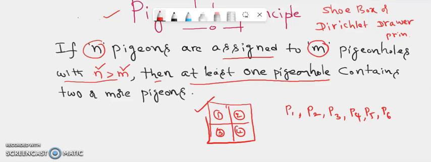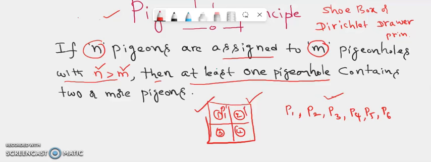So observe here, the number of pigeons is greater than the pigeonholes here. Pigeonholes are 4, but the number of pigeons are 6. In this case, at least one pigeonhole must contain 2 or more pigeons. Suppose the first pigeon is assigned to the first pigeonhole.